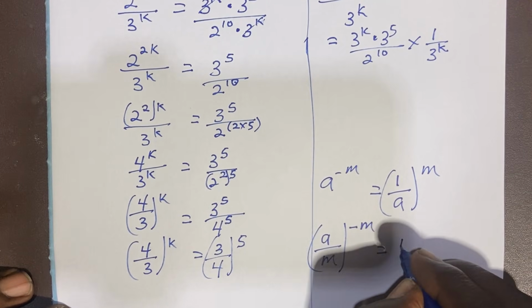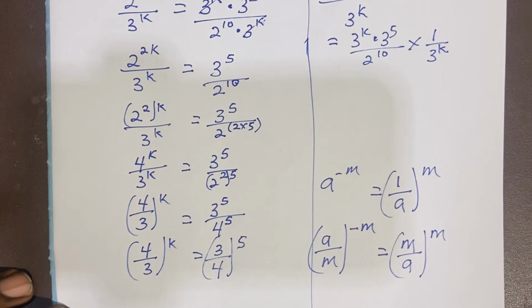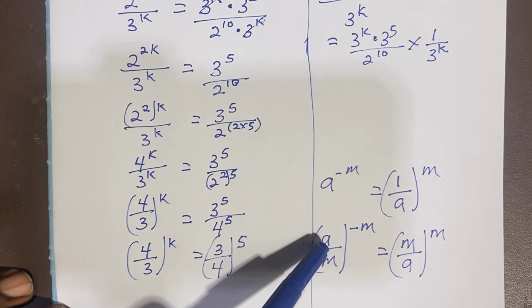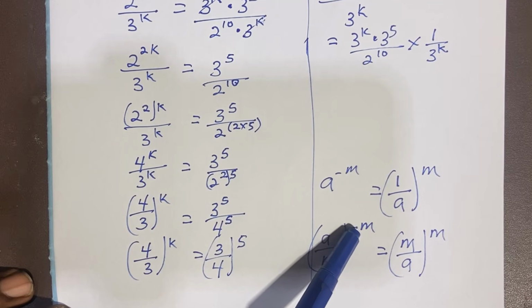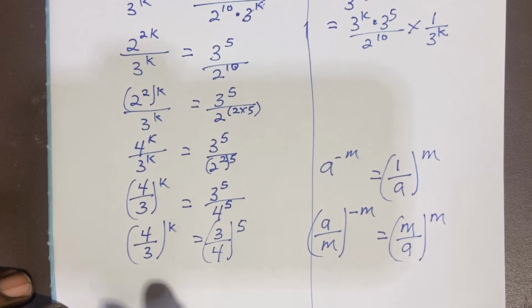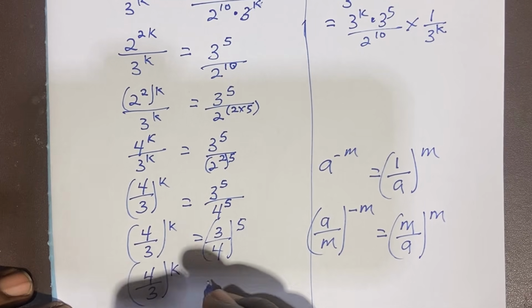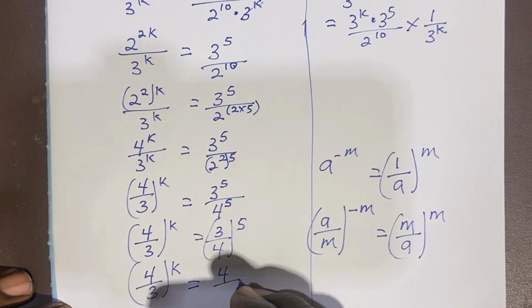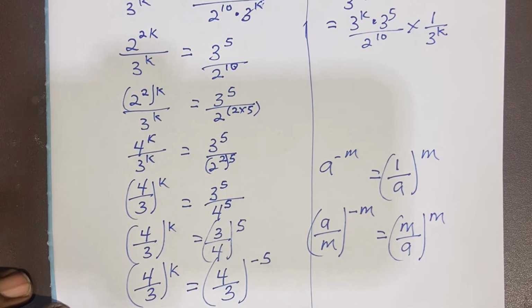We can rewrite this as m over a to the power positive index. As a result of taking the reciprocal of the fraction, we take off the negative, leaving a positive index. This can be applied here to give us 4 over 3 all to the power k is equal to 4 over 3 all to the power minus 5.